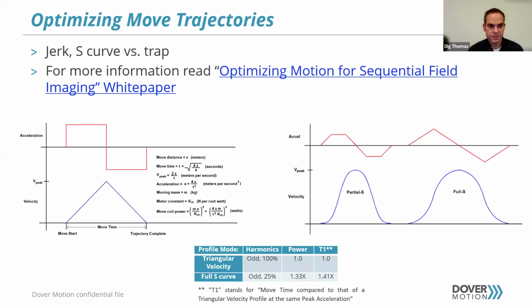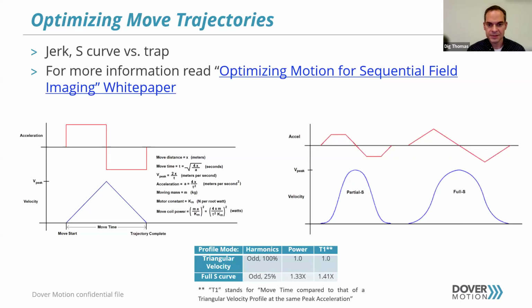In this case, you have trapezoidal shown on the left, and S-curve shown on the right. If you look at the table in the middle, it gives you a little bit of information about each one. At first glance, it's kind of like, what's so great about S-curve?